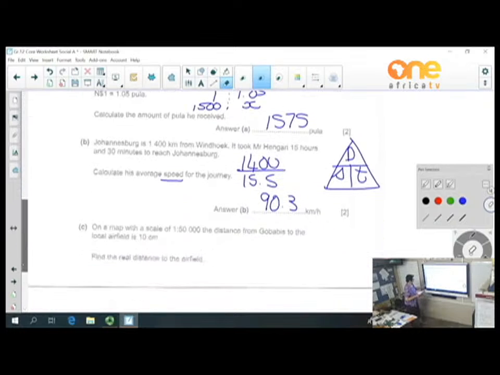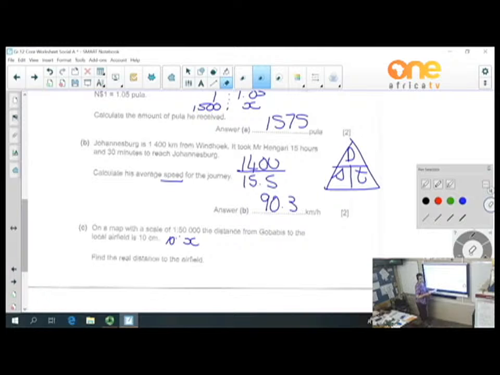Right, number C. On a map with a scale of 1 to 50,000, the distance from Gobabis to the local airfield is 10 centimeter. So it means, again, it's going to be with missing terms. This one is 10 centimeter. So you have to multiply there with bottom divide by top. But they don't say if we have to give it in kilometers.